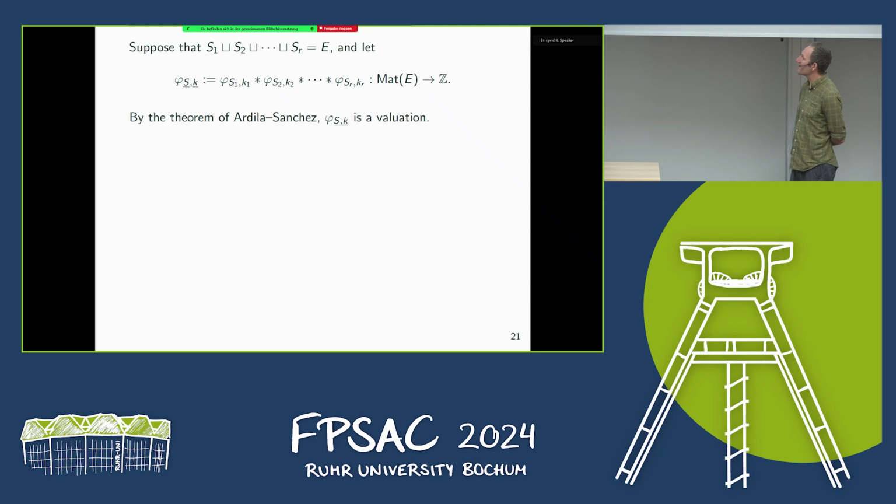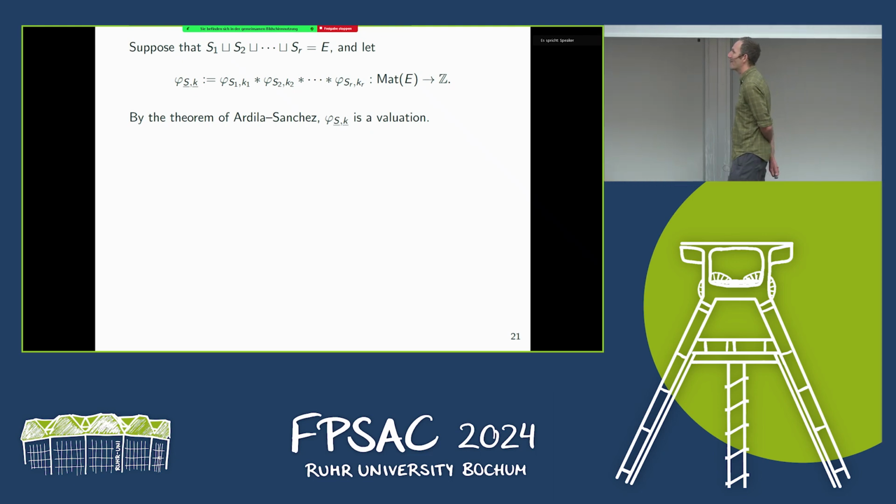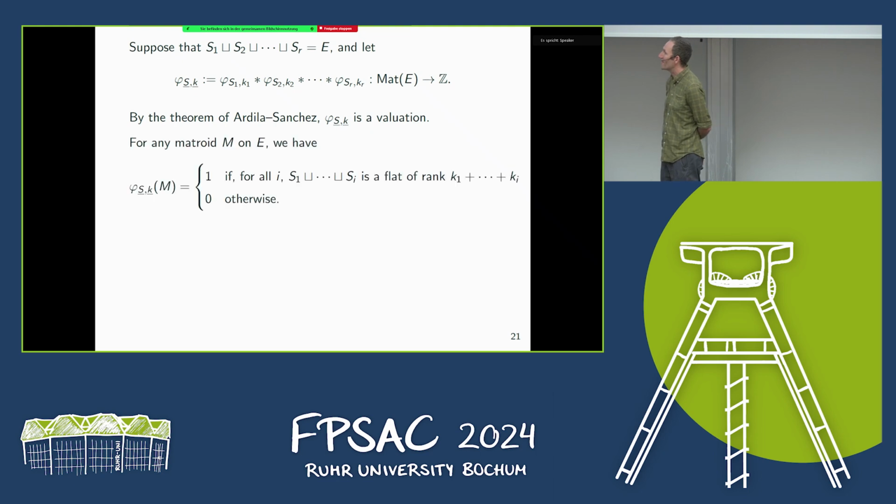And suppose I decompose E into a whole bunch of subsets, and I convolve these corresponding valuations. So by Ardila and Sanchez, my new thing is a valuation. And this new thing that I've made gives me 1 if this union of subsets gives me a chain of flats of prescribed rank.